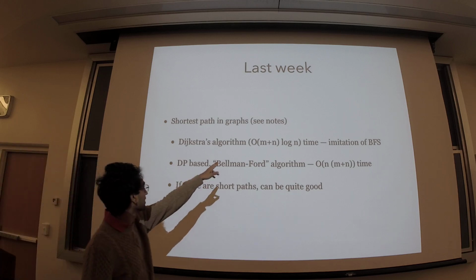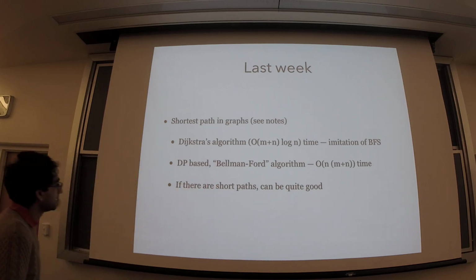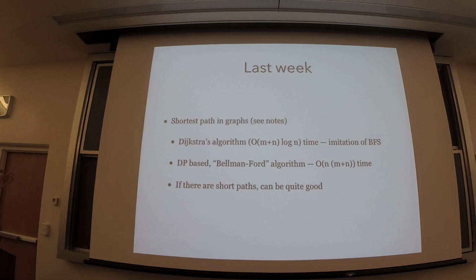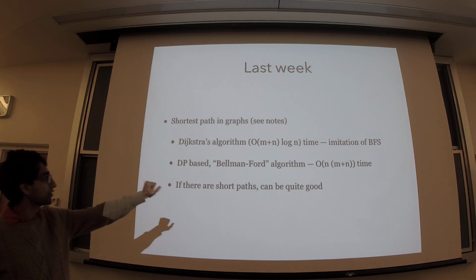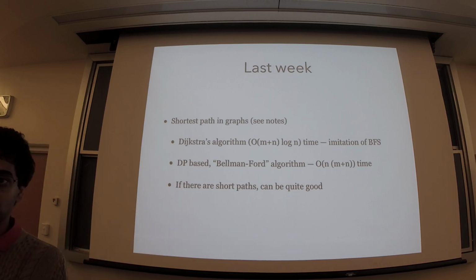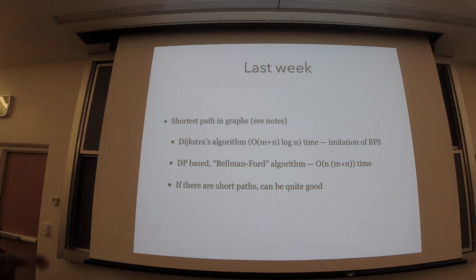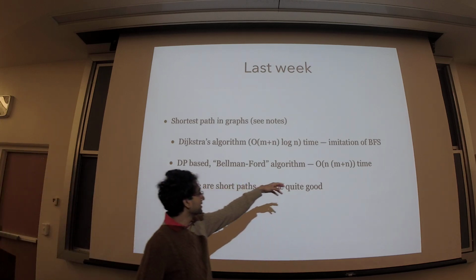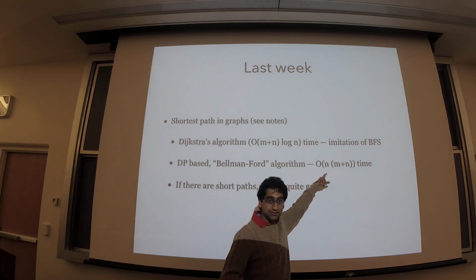So that's Dijkstra's algorithm. And we also saw a different algorithm. Actually, we had seen this a while ago, which is a dynamic programming based algorithm called the Bellman-Ford algorithm. That's what it's usually called, although it's been, I guess, discovered before as well. This algorithm has a worse running time, at least in the worst case, right?